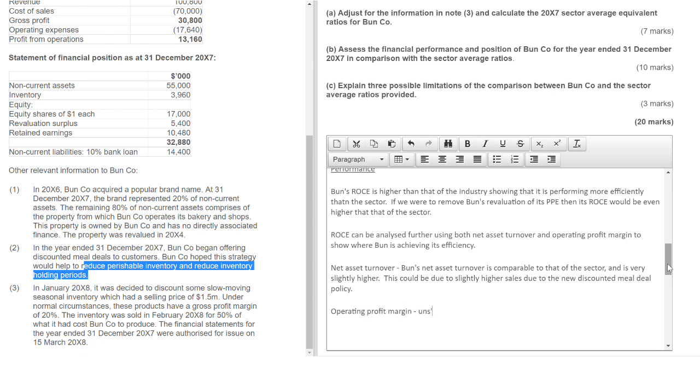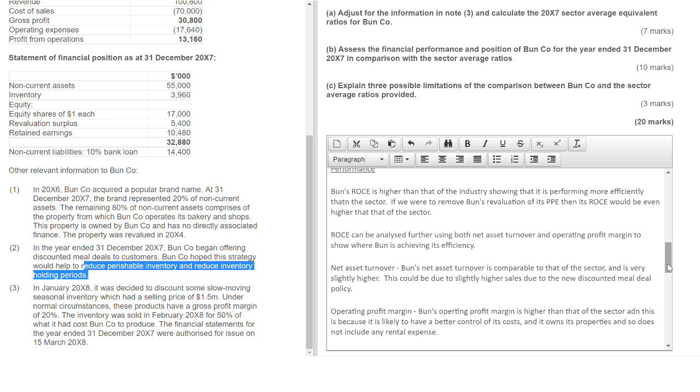So here, Bun's operating profit margin is higher than that of the sector, and this is because it is likely to have better control of its costs, and it owns its properties, and so does not include any rental expense.